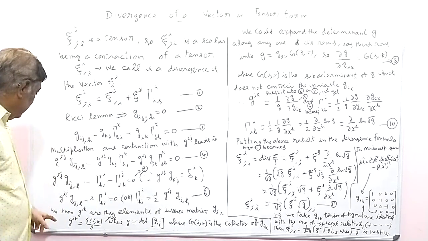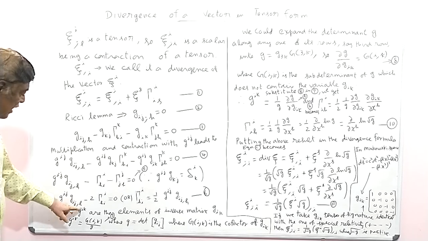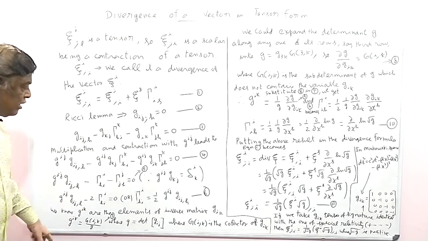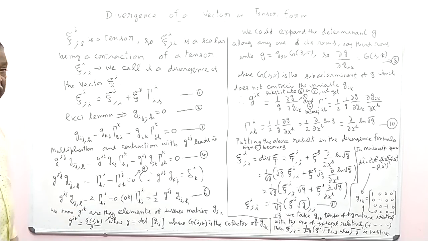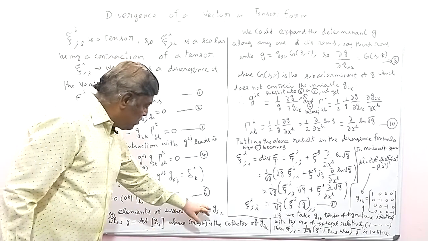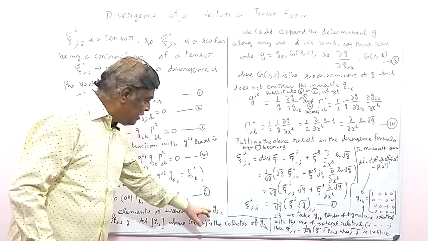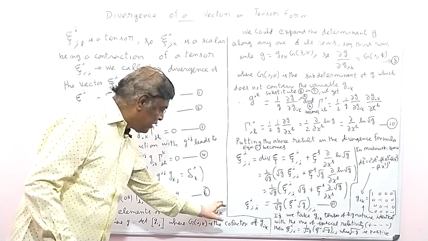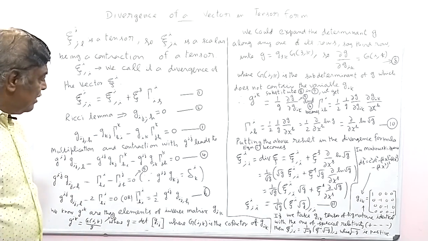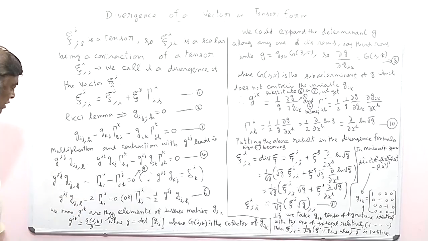Now if you want to get the contravariant element g^ik, this g^ik is the element of the inverse matrix. So if you have a covariant tensor that can be expressed in terms of a matrix, its inverse is g^ik.